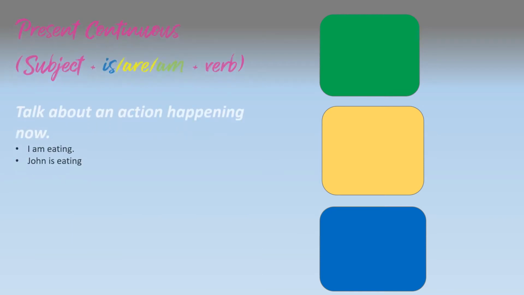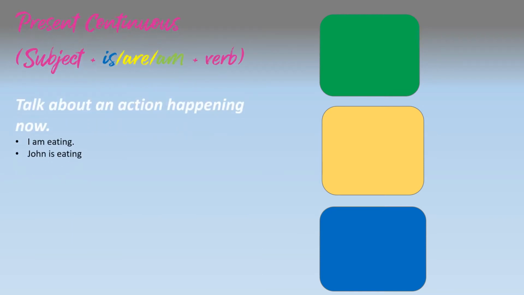Okay, we're going to go on now and practice some of our present continuous. So when we did the present simple, we spoke about activities which we always do, our repeated actions. So what is the present continuous? Well, we use the present continuous to talk about something which is happening right now. For example, what are you doing now?